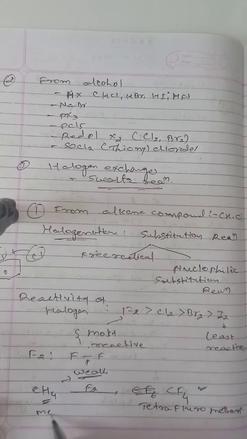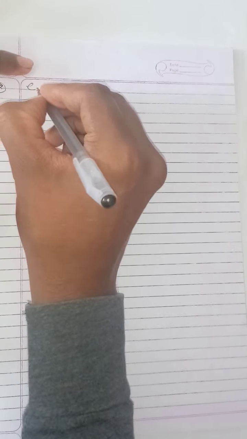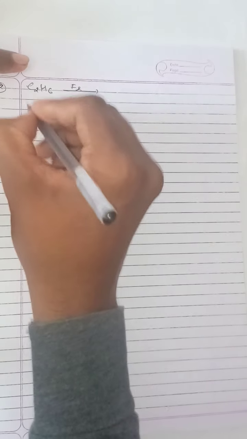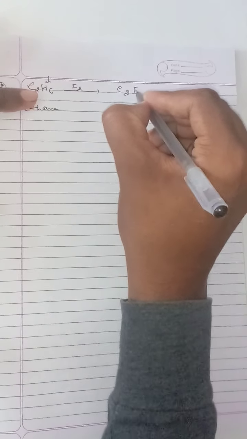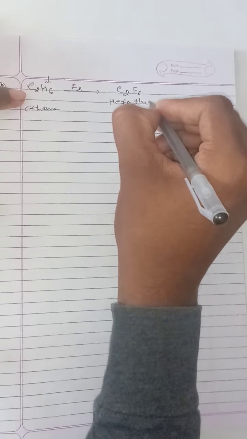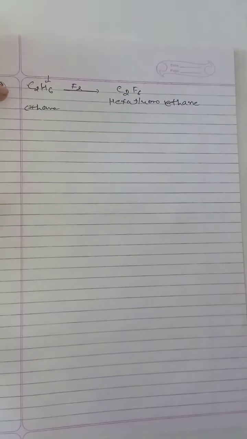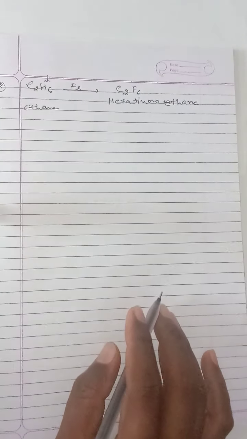Let's see another example, fluorination of ethane. Here all the 6 hydrogen atoms are replaced by fluorine, and we get product C2F6, hexafluoroethane.